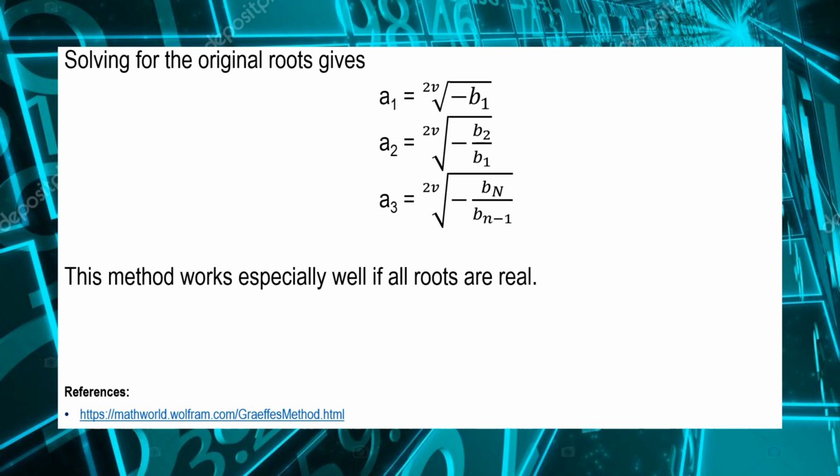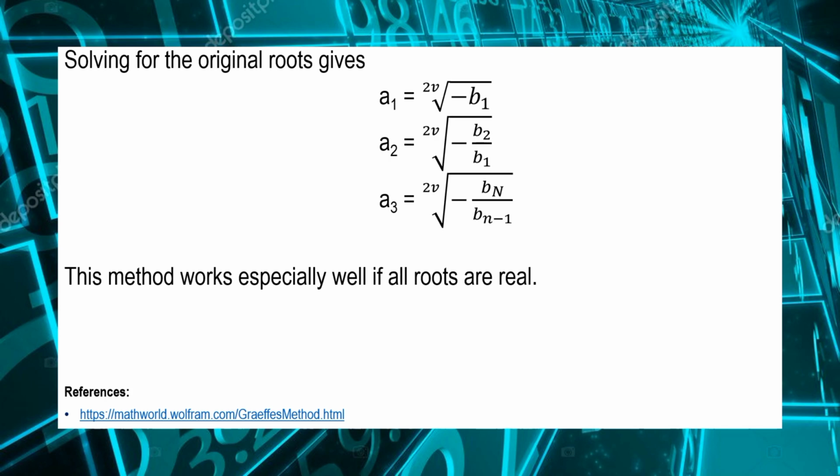However, since we have a negative inside of the radical sign, sometimes it is subjected to error. So in this video, I will show you how to use this formula, and instead of using the negative here, we will use the absolute value of the b1, b2, b3, and the coefficients.